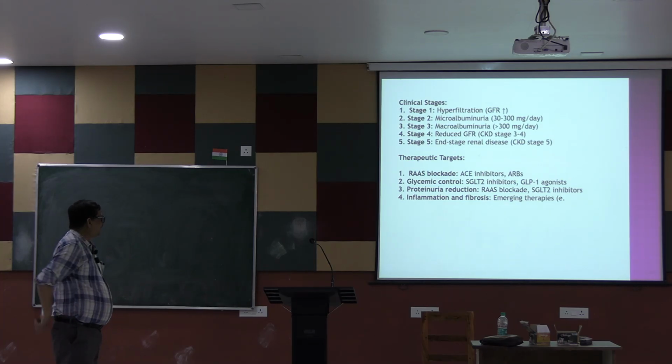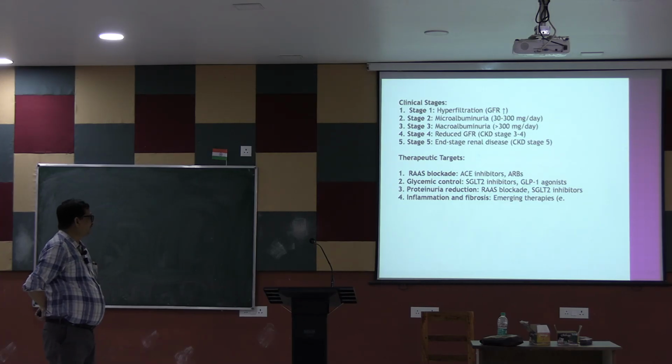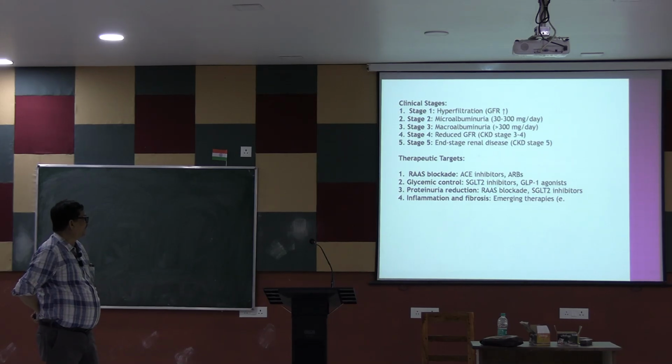So, the therapeutic targets for reduction of vasoconstriction are RAS blockade, ACE inhibitors and angiotensin receptor blockers. Glycemic control: SGLT2 inhibitors, GLP-1 agonists. Proteinuria reduction: RAS blockade and SGLT2 inhibitors again. And for inflammation and fibrosis, there are emerging therapies.